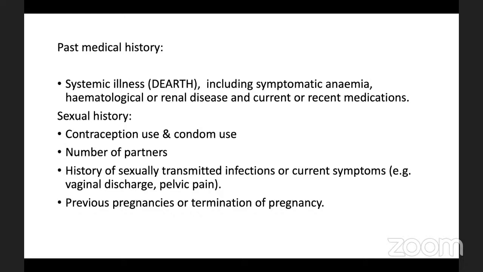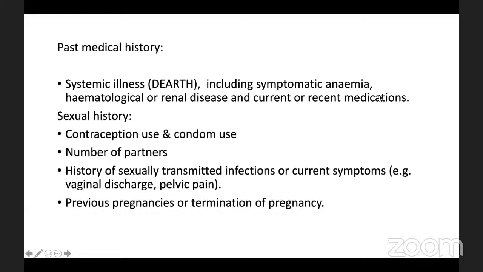Okay, so sexual history: contraception is important, or condom use, number of partners, menarche as already mentioned, coitarche, history of sexually transmitted infections or current symptoms, e.g. vaginal discharge and pelvic pain.